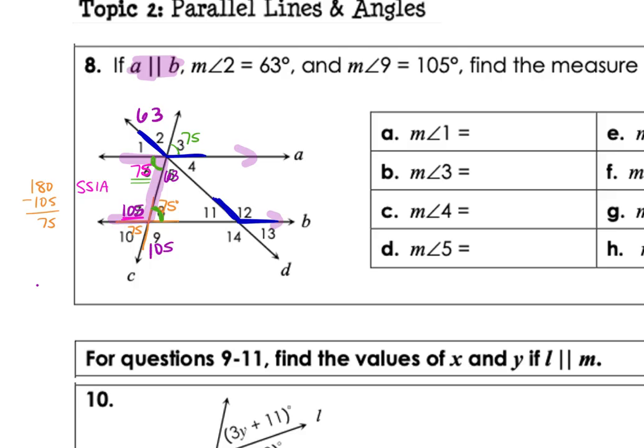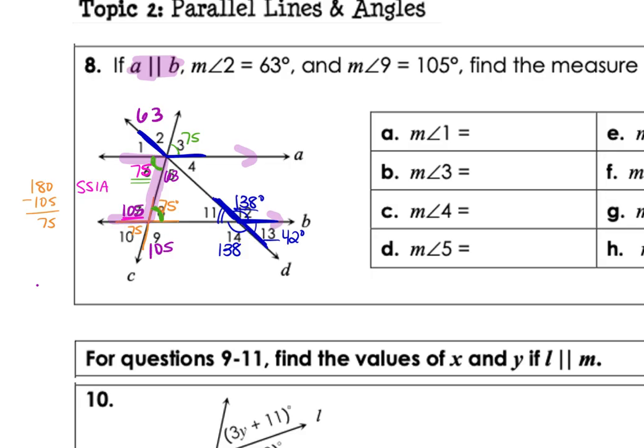So if you do that, add those together, you get 138 degrees. And now you can do your whole vertical angles. So this is 138. You can use this as a linear pair. So 138 and what would add up to 180? That's going to be 42 degrees.